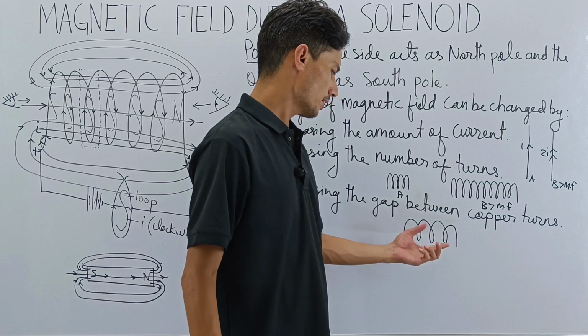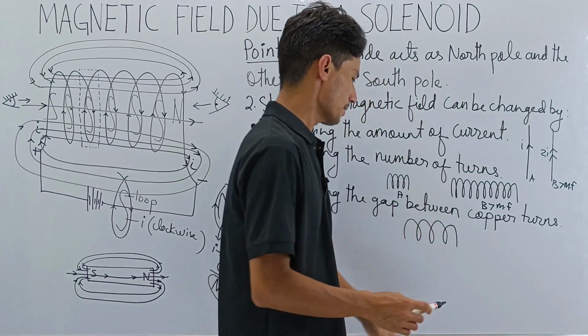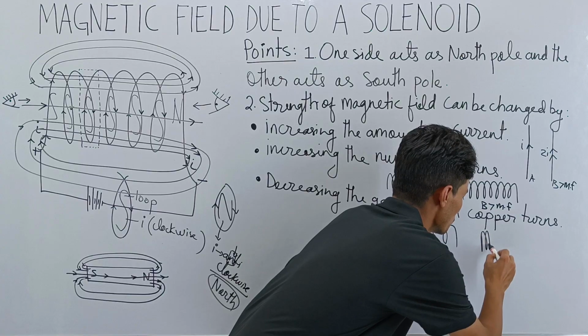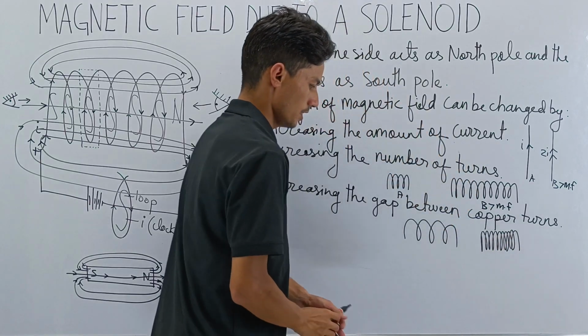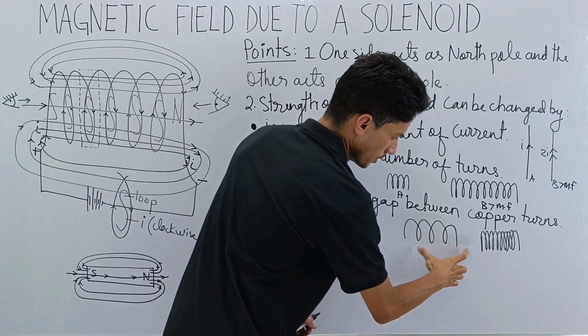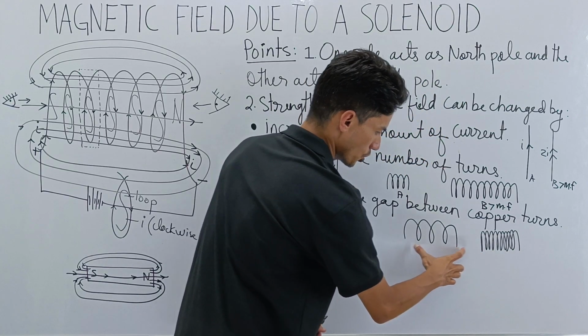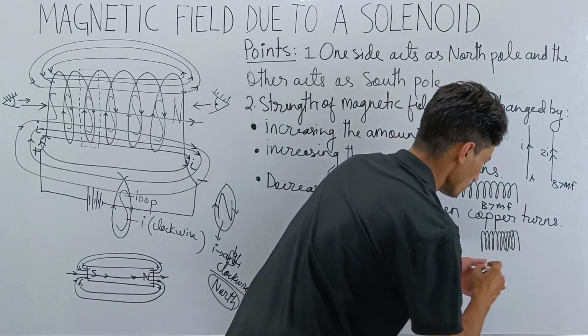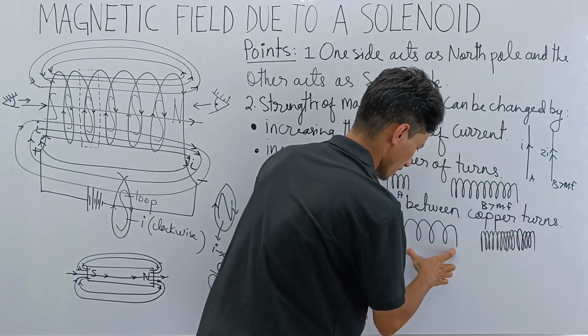But if we decrease the gap, we get more turns in the same length of loop.